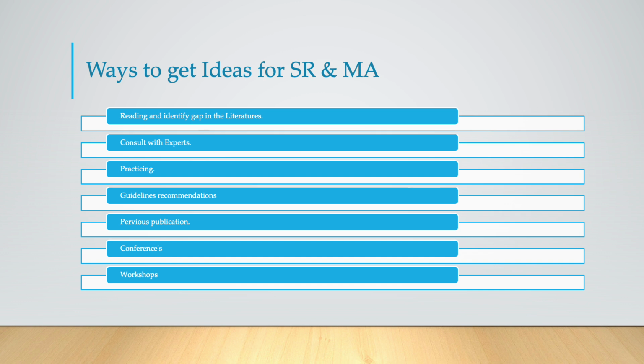Also through clinical practice, you may find many cases with uncertainty about the diagnosis. We may find some rare disease, rare outcome, rare side effect or adverse event. So all of these are questions for a research idea.